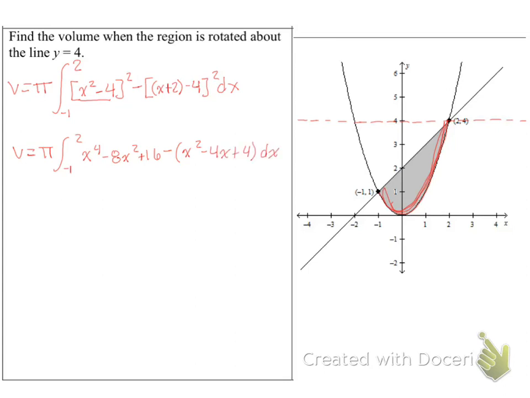I think that's what it comes out to. If you want to punch that into your calculator, you should get 21.6 pi. So that should be the volume whenever this shaded region is rotated around the line y equals 4.